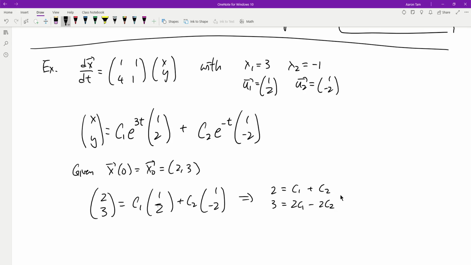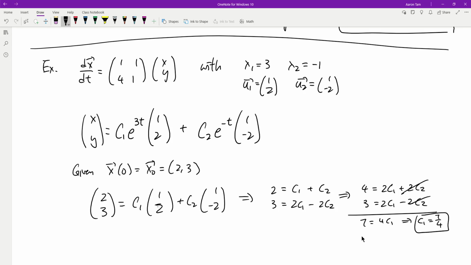I'm going to multiply the top one by 2. So it's 4 equals 2C1 plus 2C2, and the bottom equation stays the same. If I add them together, these two cancel out, and that gives me 7 equals 4C1. So C1 should equal 7 over 4. And if C1 is 7 over 4, C2 should equal 1 over 4, so that they add up to 2.